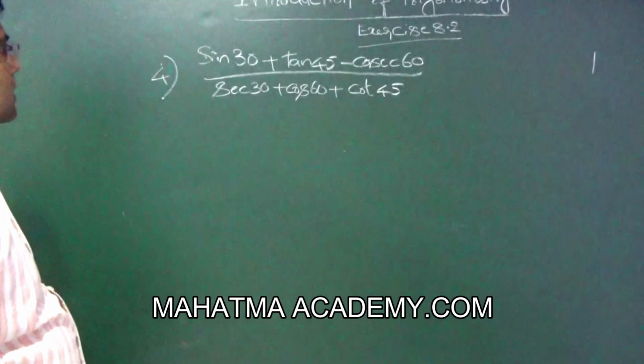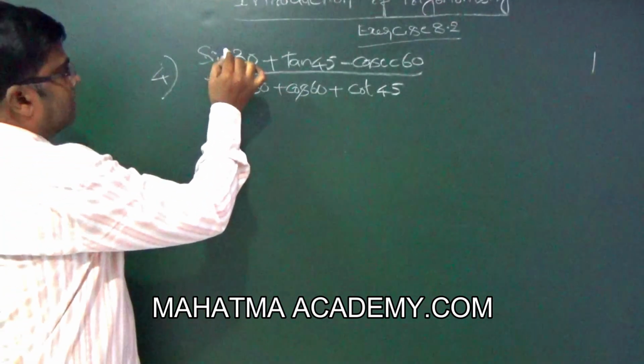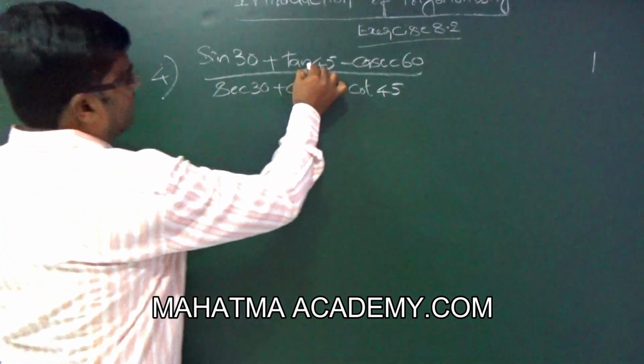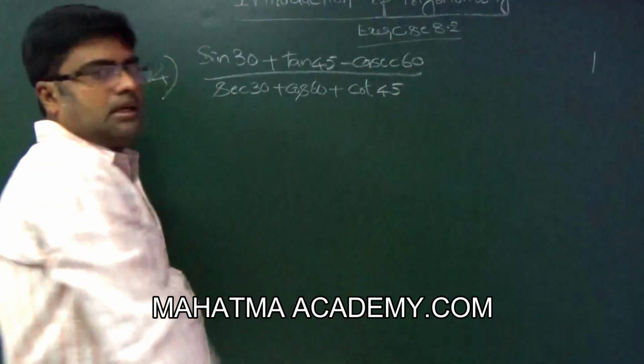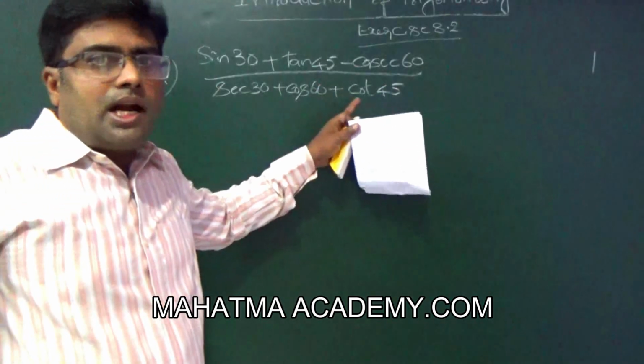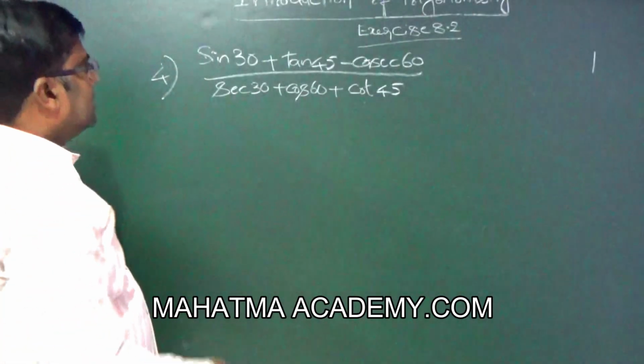Substitute the values of sin 30, tan 45, cosec 60, secant 30, cos 60 and cot 45 in this equation and simplify. We will get the result.